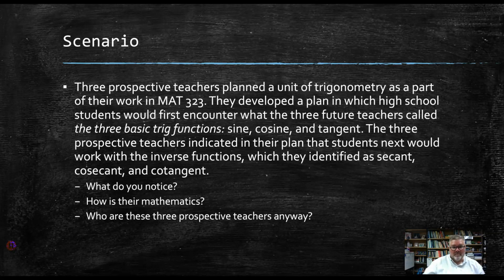You may have heard of them. They may be your best friends. The 3 prospective teachers indicated in their plan that students would next work with the inverse functions, which they identified as secant, cosecant, cotangent. Now, what do you notice? How is their math, and who are these prospective teachers anyway?